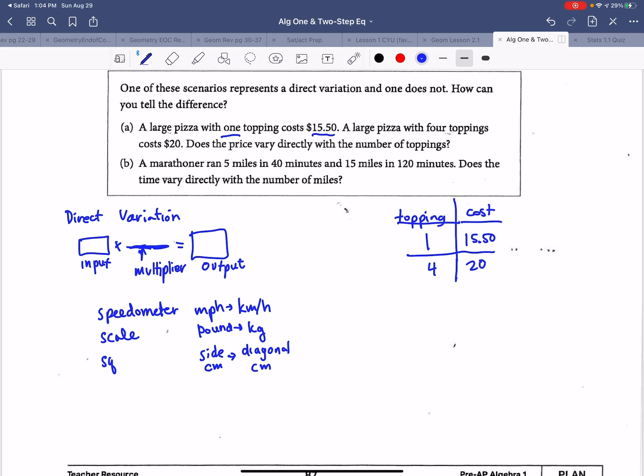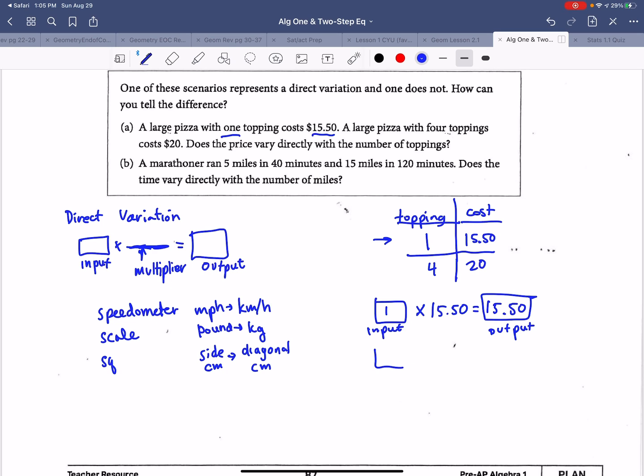We noticed in the earlier lesson, if we had the 1, we could say to ourselves, I know if I put 1 in and I multiply by $15.50, I'm going to get $15.50, right?